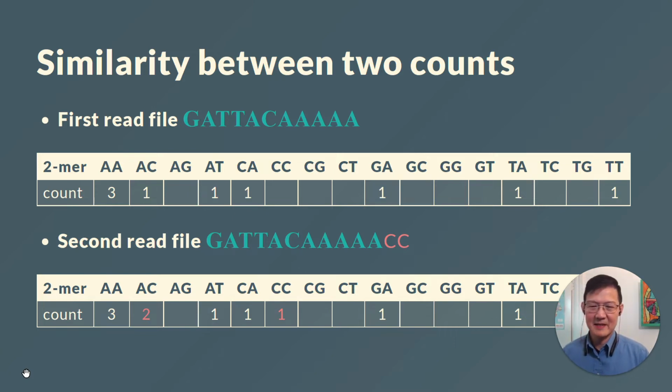on the end. Now the 2 representations, the 2 k-mer count arrays of these 2 files, are shown just below, and you can see that those 2 C's on the end added an AC and a CC.